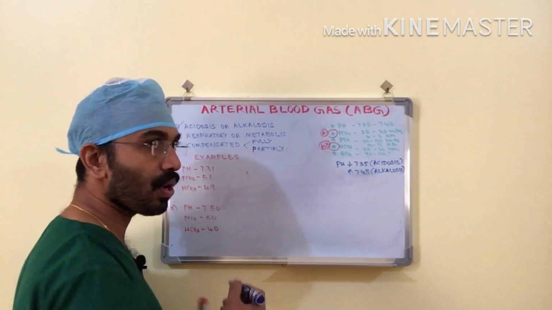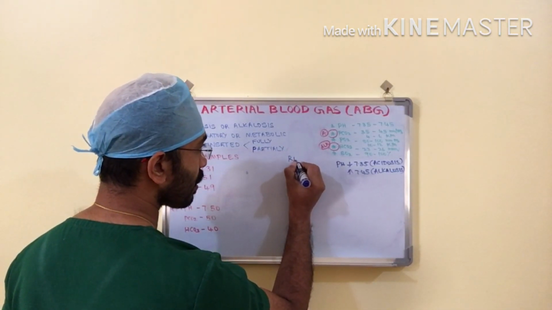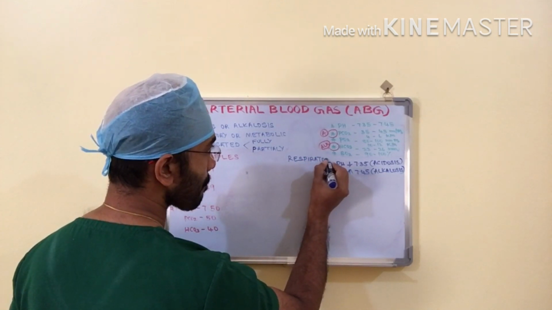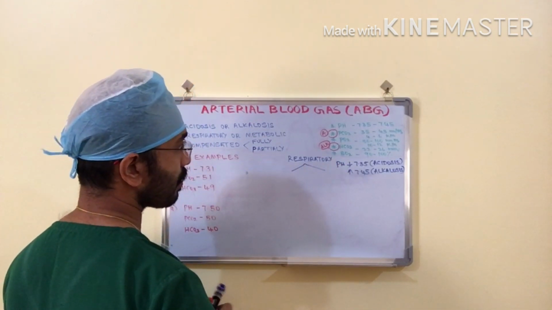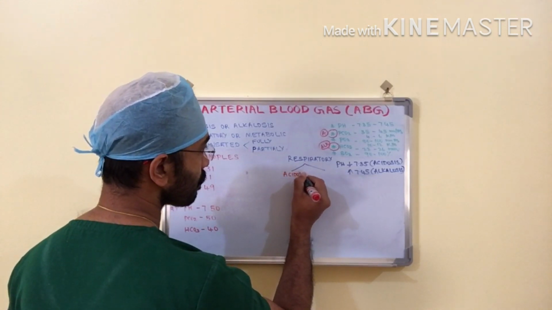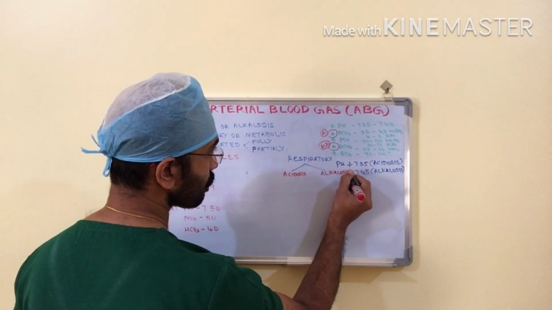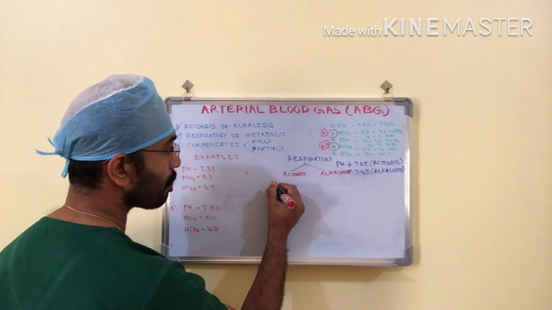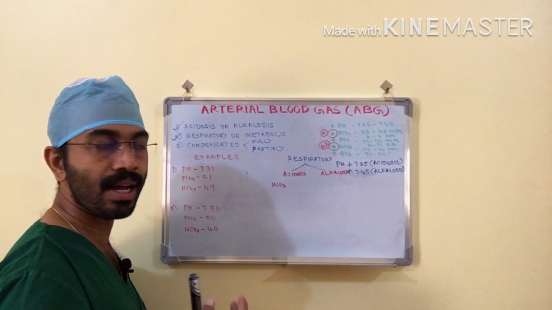Our body has some regulatory mechanisms. For example, if a patient is coming with a respiratory problem, for example, the patient has acidosis or alkalosis, in this situation our body itself will produce the bicarb to compensate this respiratory acidosis and alkalosis.